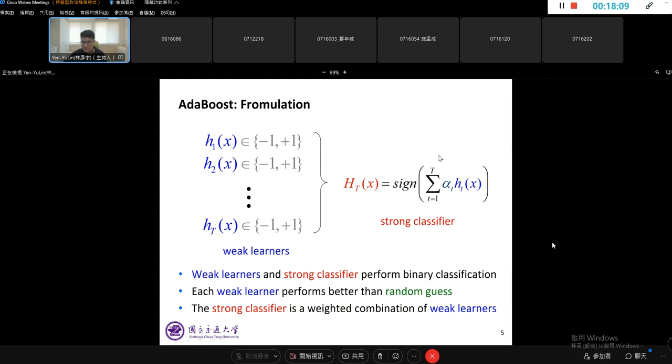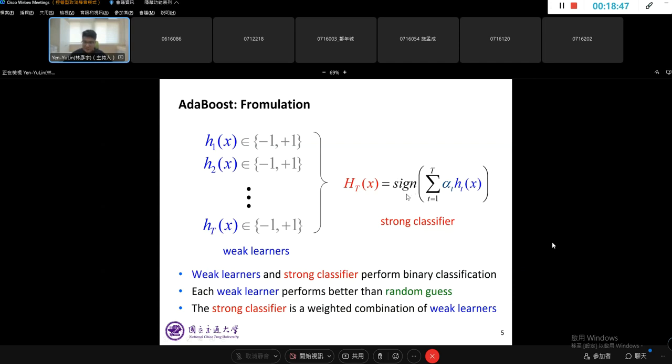Let's look at the value inside the parentheses. Actually, this is the weighted vote of the weak learners on some particular input data point x. Since we are dealing with a binary class classification problem, we apply the sign operator here. In other words, if the decision value is positive, this data point is predicted as positive, otherwise negative.